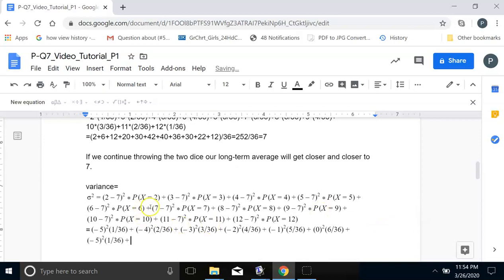We've done that one now, we're on to this one. That's now 1 squared, and it's going to be 5 over 36. Then this one is 2 squared, 4 over 36. Then 3 squared, 3 over 36.